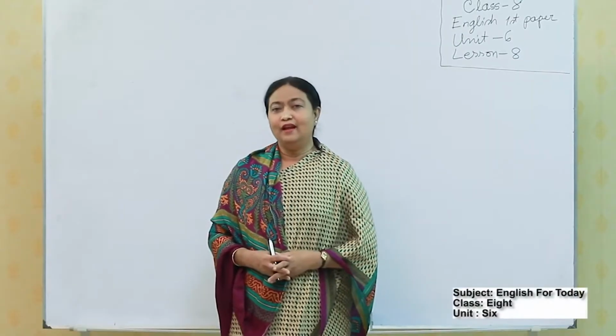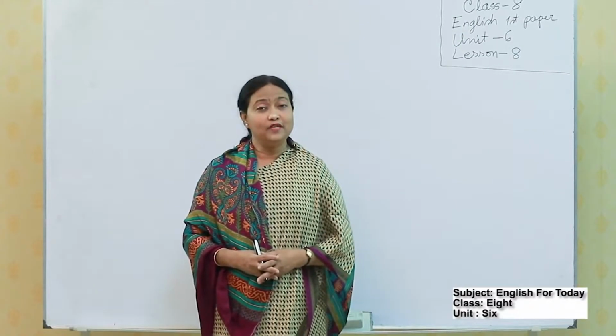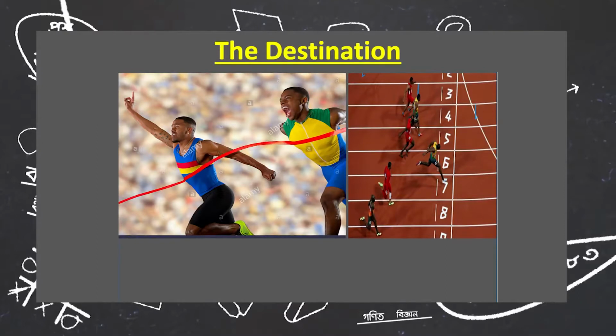Now, at first look at the picture. What are you seeing in the picture? In the picture, some athletes are trying to go somewhere and they are looking to the end of the path.